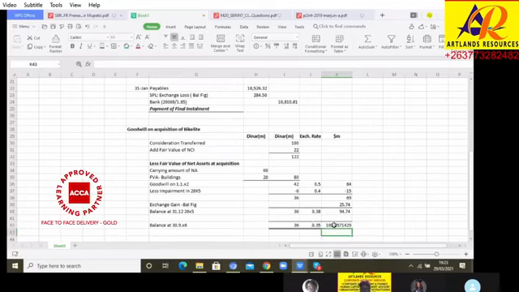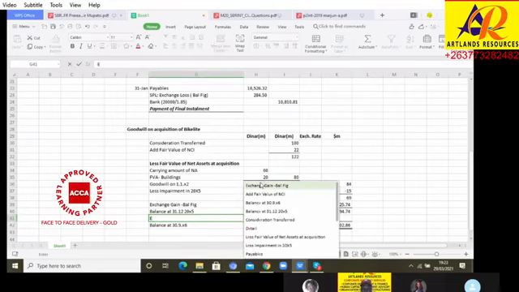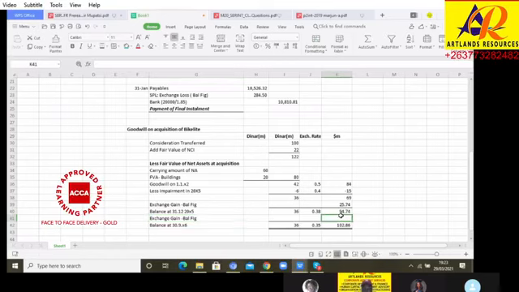It's 102.82. That's the goodwill. So it has again increased. So there's an exchange gain as a balancing figure there. The exchange gain equals 102 minus 94. So the exchange gain is 8.